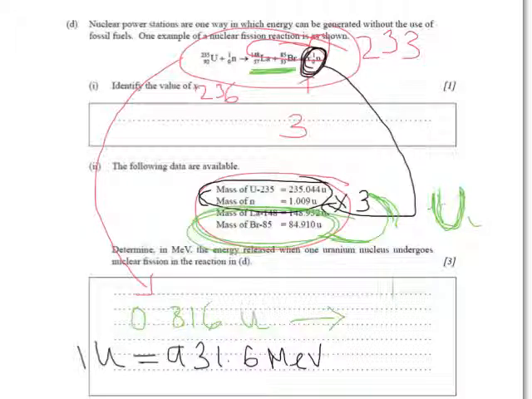And you should get a final answer of 760 megaelectronvolts. Oops, my screen is falling apart. 760 megaelectronvolts. There you go.